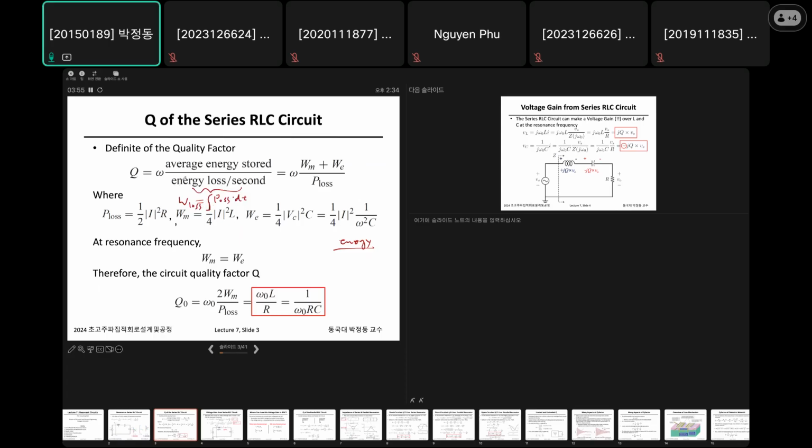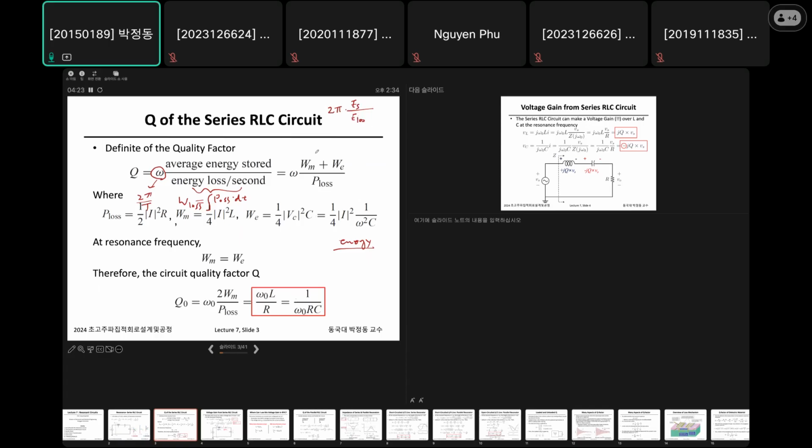So here, this is the power loss per one period of time. If you multiply it by the period, then it's the energy loss. So Q is 2 pi multiplied by the stored energy divided by the energy loss. That's what it means.